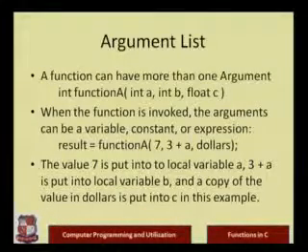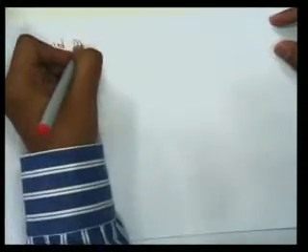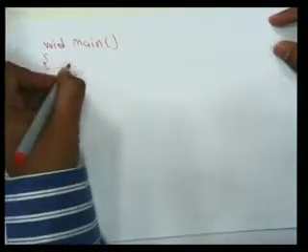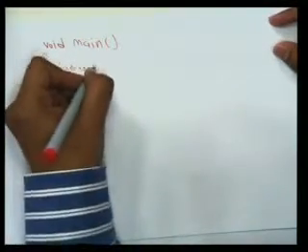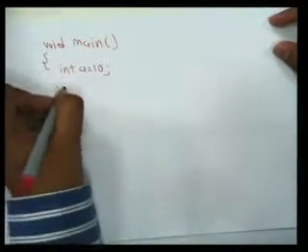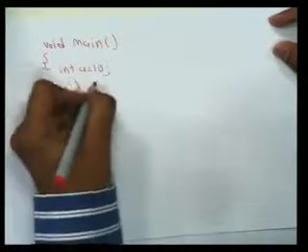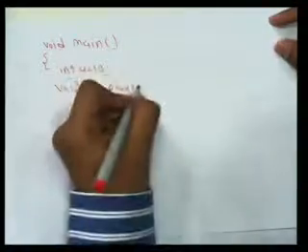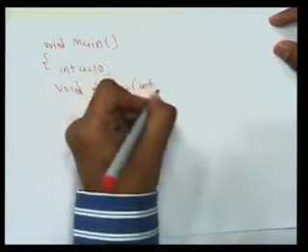Now what does it mean? Let's take one example. In my void main, integer a equals 10, I am having one method, display, which will have 2 arguments.